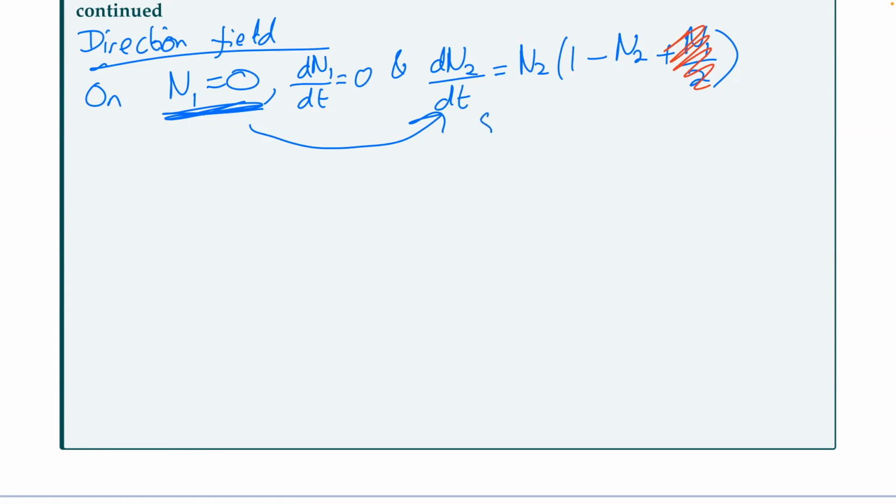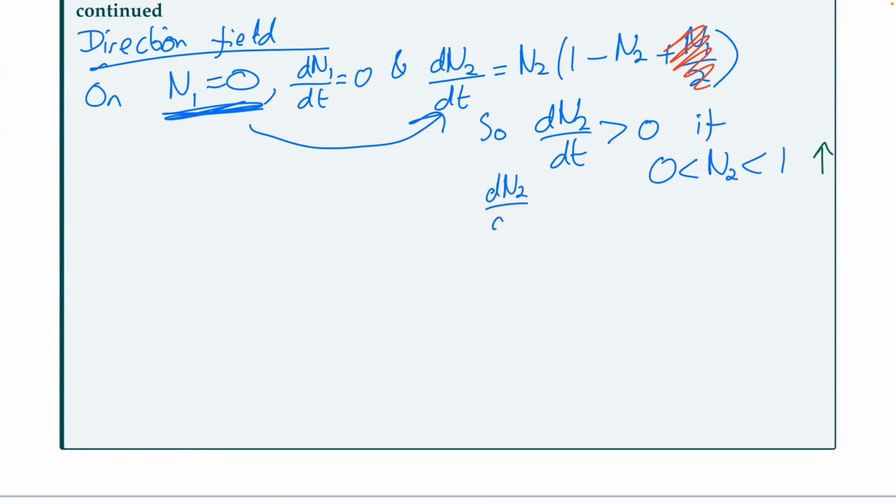So what can we say? Well, dn2 dt is going to be positive if n2 is positive and it's less than 1. This will give us arrows moving up. And it's going to be negative if n2 is negative, but we've got population sizes here, so we can't have negative population sizes. We don't care about what's going on if n2 is negative.